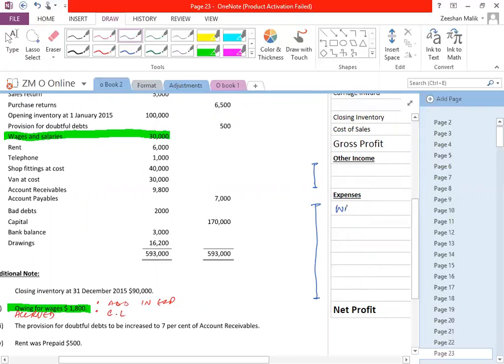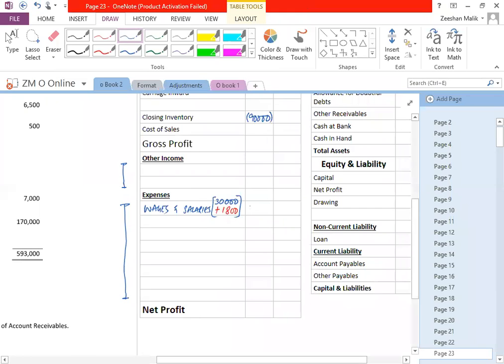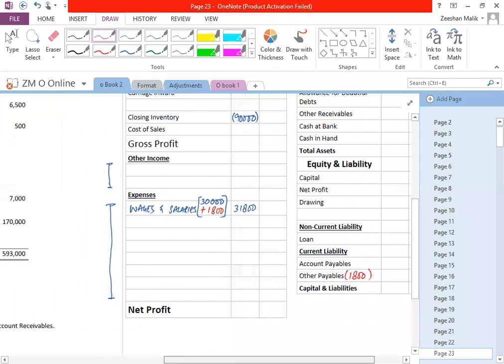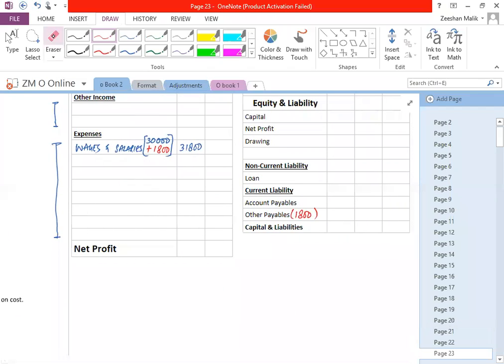So I'm going to write wages and salaries in expenses, 30,000 plus 1,800, it makes it 31,800, and 1,800 appears as the other payable also. Current liability.